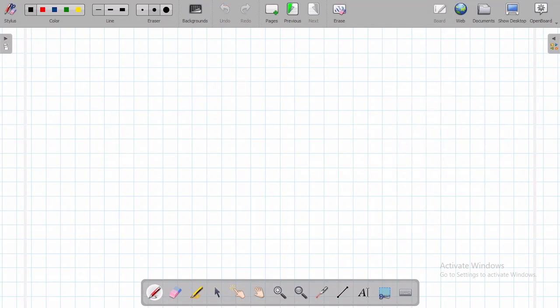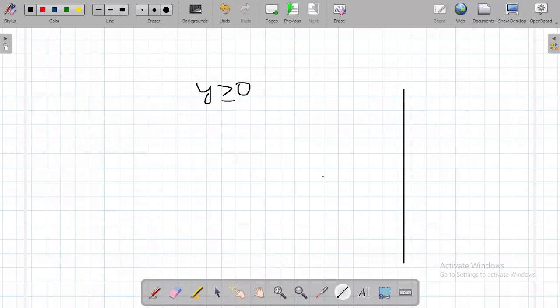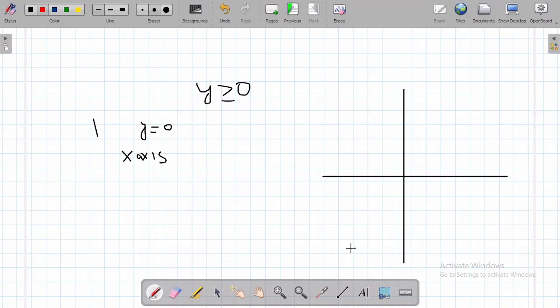In the same way, if we have y greater than 0, we first need to understand the meaning of y equals 0. y equals 0 means the x-axis, as you all know. Now y is greater than 0 means it will be above.